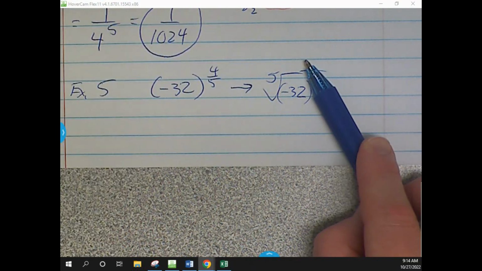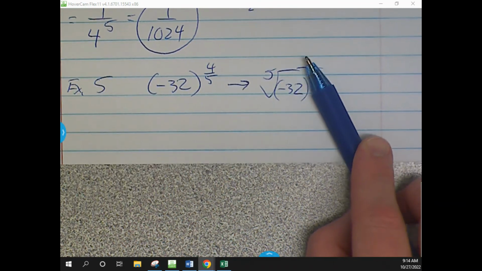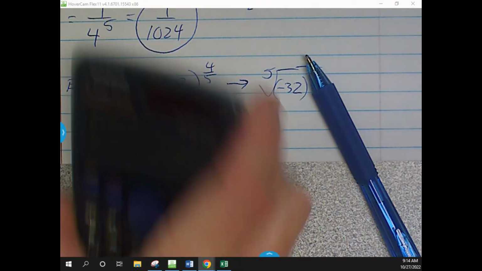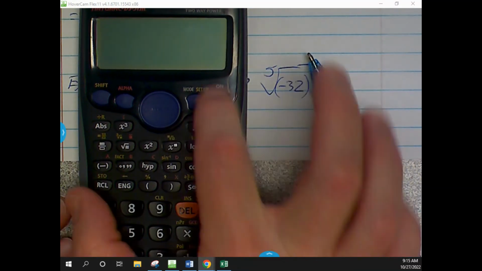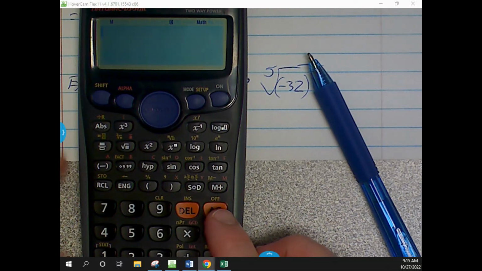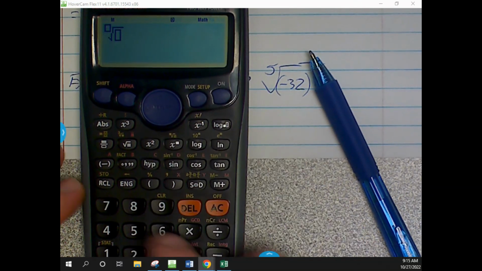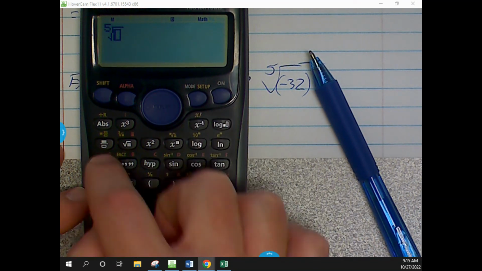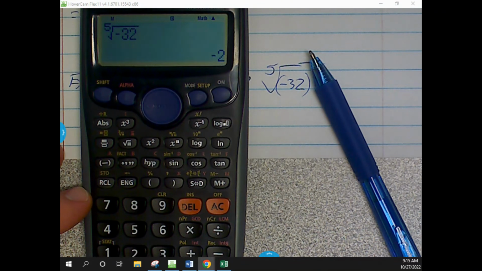We can check this real quick, right? If we check the 5th root of negative 32, because it's powers of 2, let's see what we got here. We got the 5th root of negative 32. That's just negative 2.